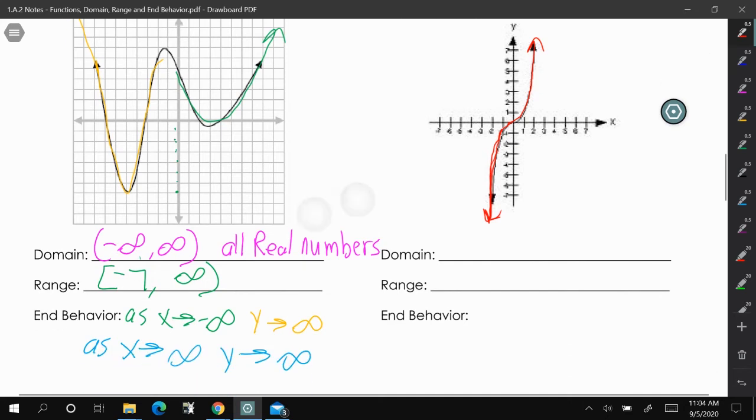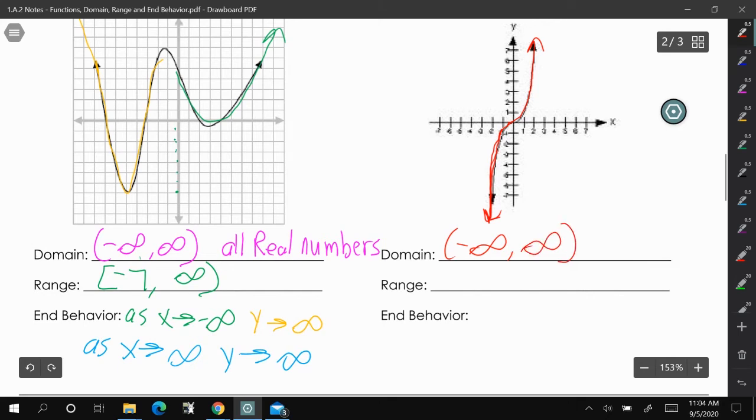So the domain will be negative infinity, comma, infinity, with parentheses. And then the y values are going down, and the y values are going up. There's no top or bottom of this function like we saw in the first example. So the range will also be negative infinity, comma, infinity.